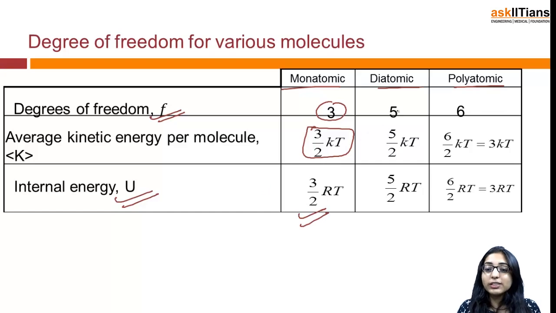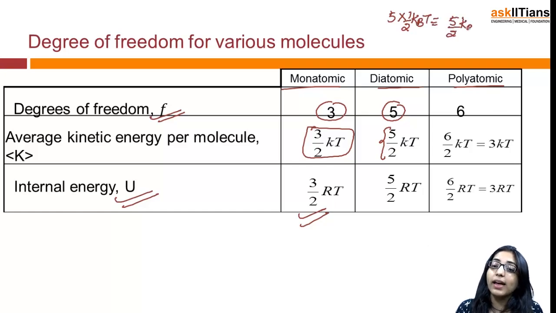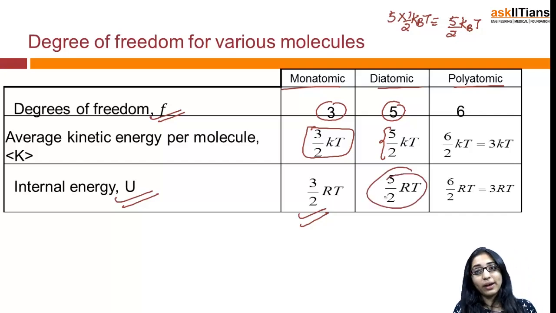For a diatomic species, the total number of degrees of freedom is 5. The average kinetic energy per molecule is 5 into 1/2 kBT, so it comes out to be 5/2 kBT. And if I am talking about 1 mole of the gaseous molecules, the answer will be 5/2 RT.